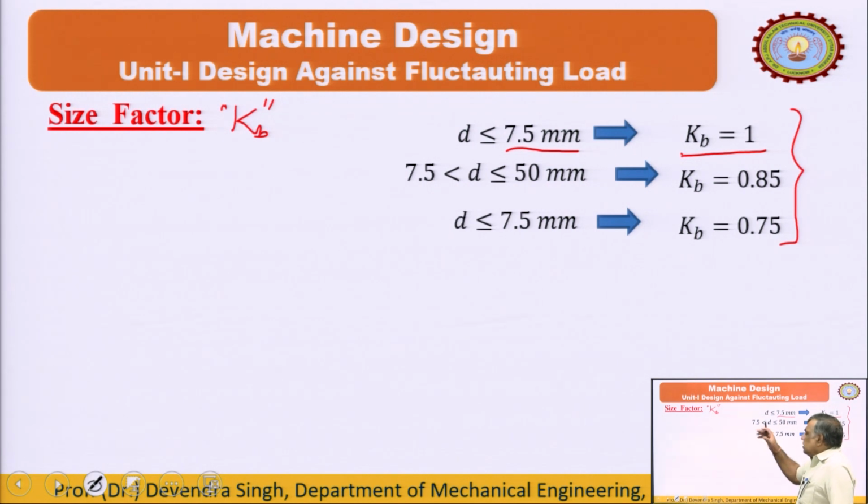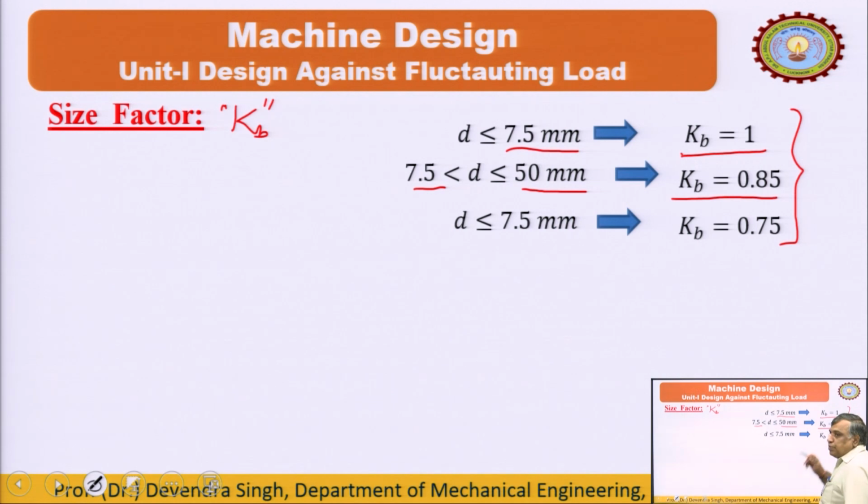If the diameter lies between 7.5 and 50 millimeter, then we have to reduce the endurance limit by 15%, so the size factor we use is 0.85.